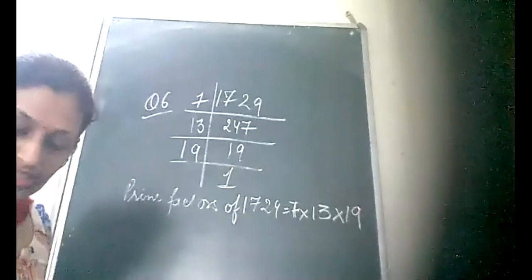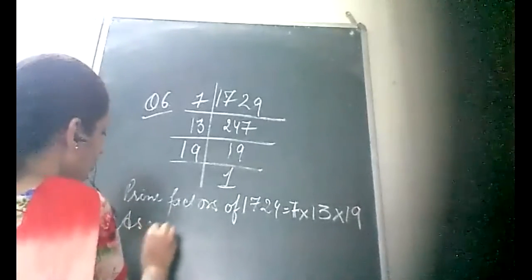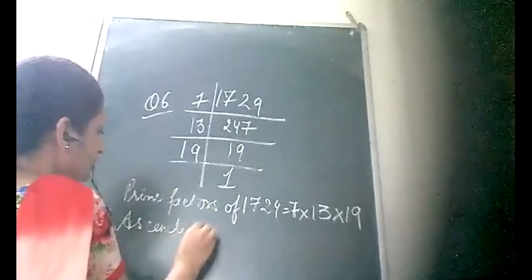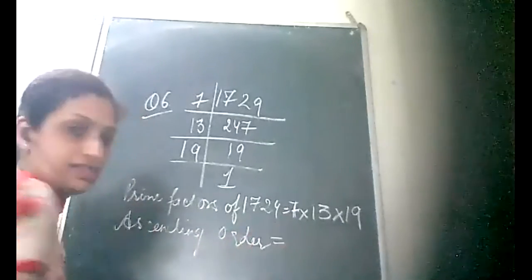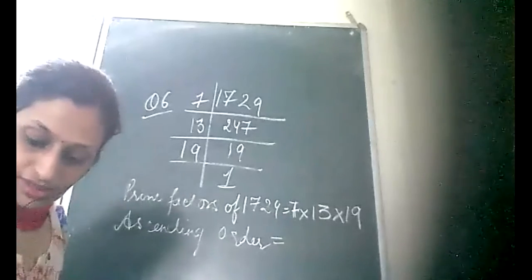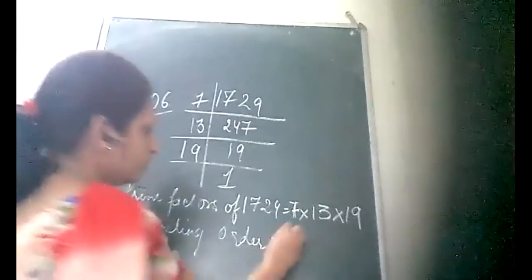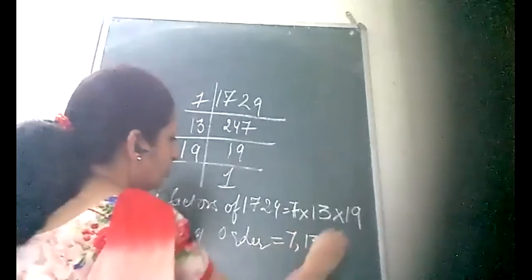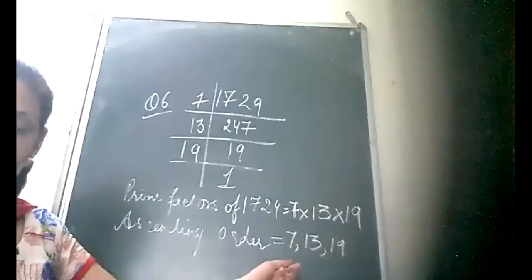Now we'll arrange these numbers in ascending order. It is being asked in the question to arrange these numbers in ascending order. So the prime factors are 7, comma 13, comma 19. So we have arranged these numbers in ascending order now.